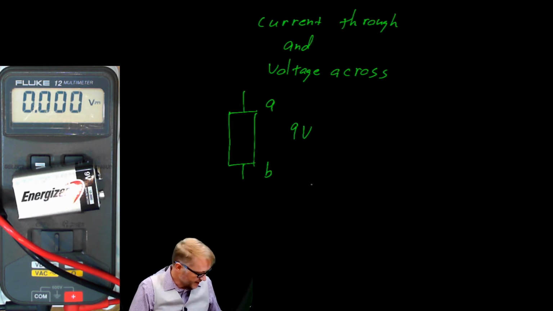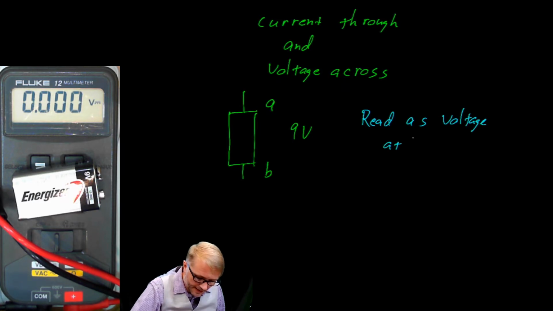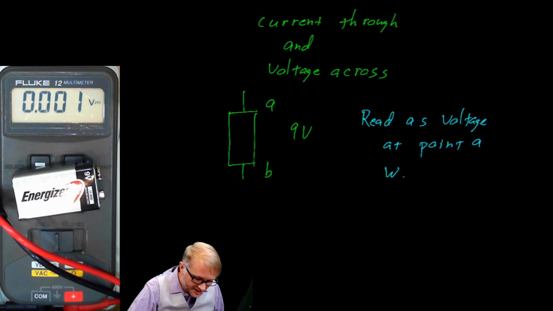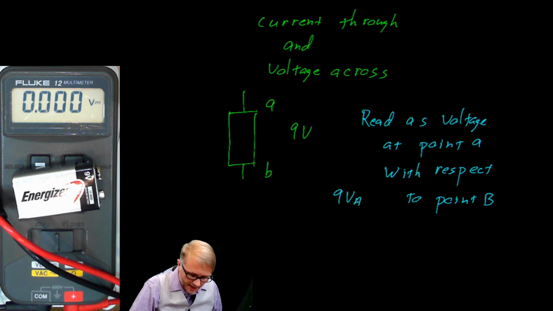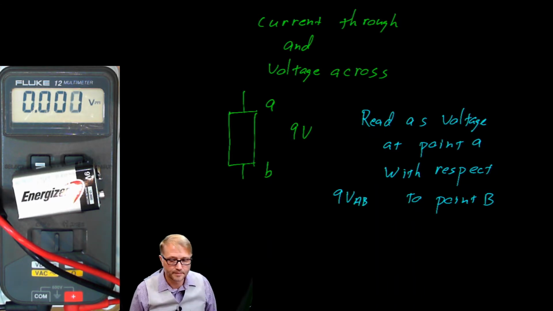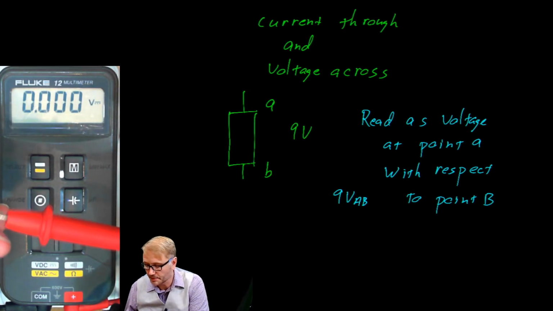And you're going to read this as voltage at point A with respect to point B. Okay, so we would say there is 9 volts A with respect to B. So we take our positive probe and we say that's the positive terminal.